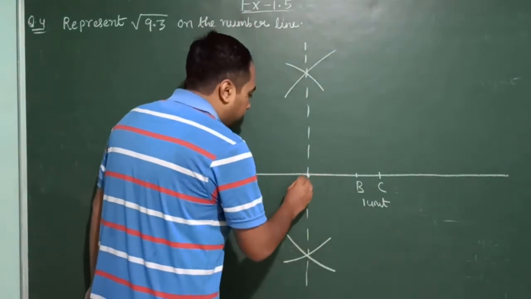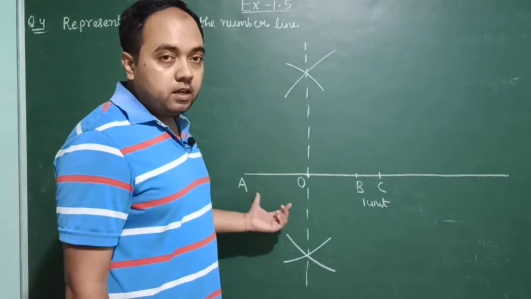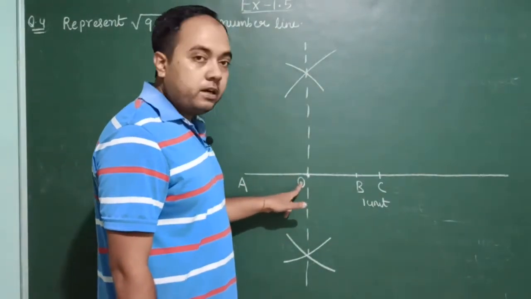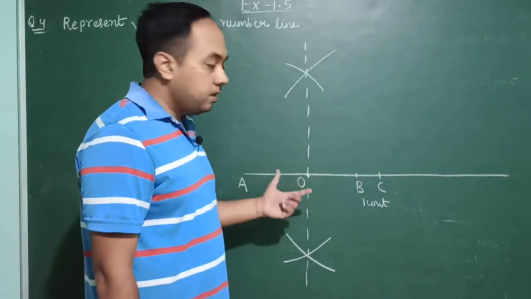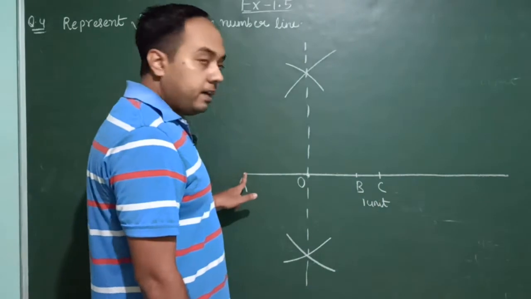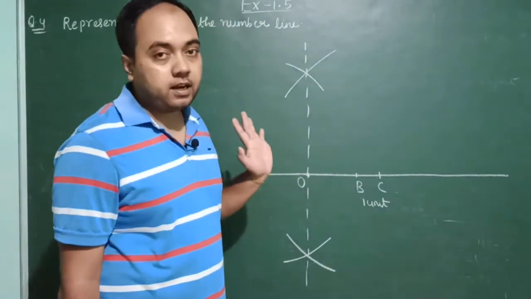This point O is the midpoint of line segment AC. To check whether O is the midpoint, you can measure it using compass. Place the needle of the compass at point O and pencil at A. If OA and OC are equal, then your midpoint is correct.